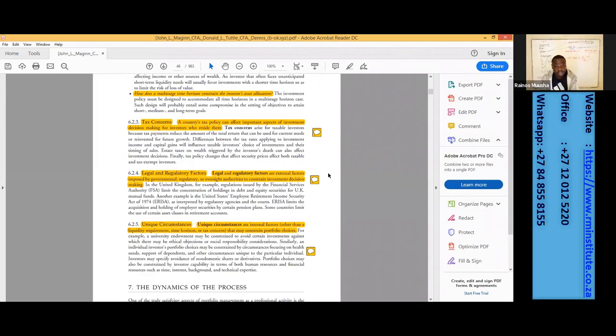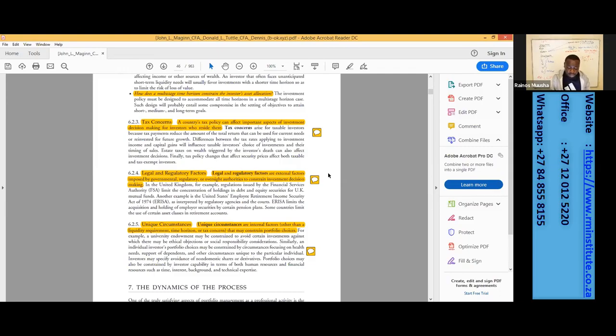So what is going to happen? It means that you are now going to be trying to advise the client to diversify their portfolio over time, so that at the end of the day they are not overexposed to the company's shares. Sometimes they also put in to say the shares are highly volatile as well.